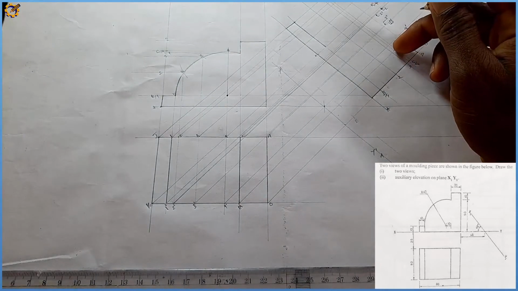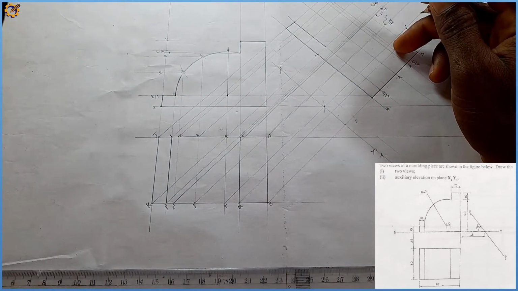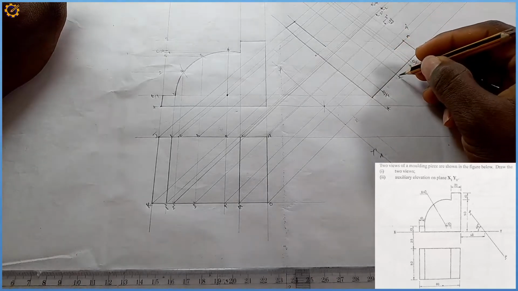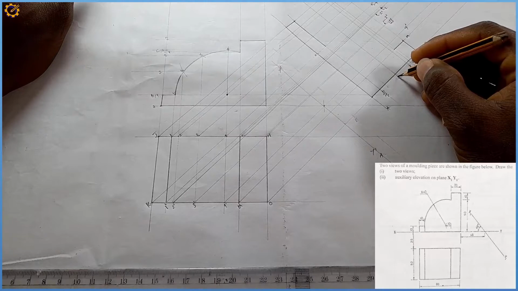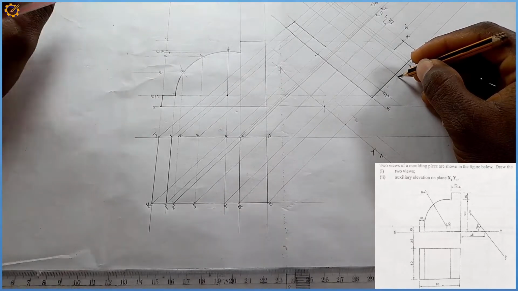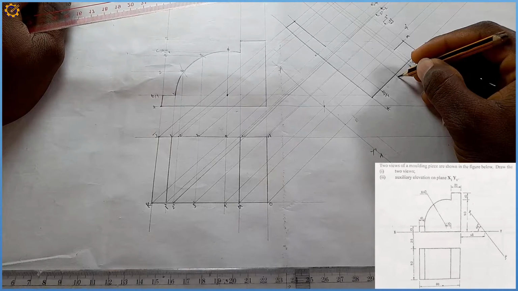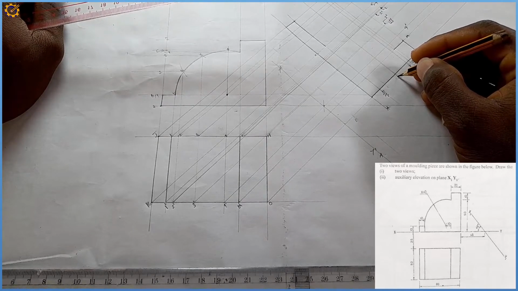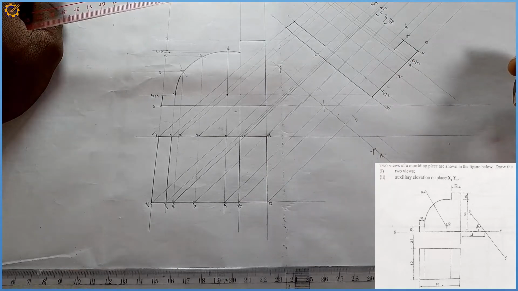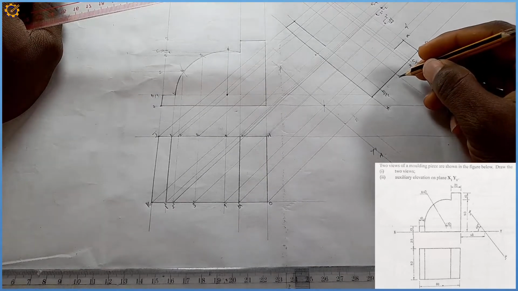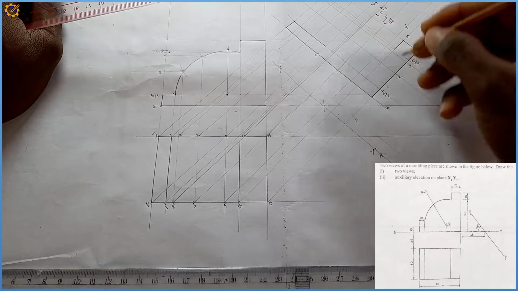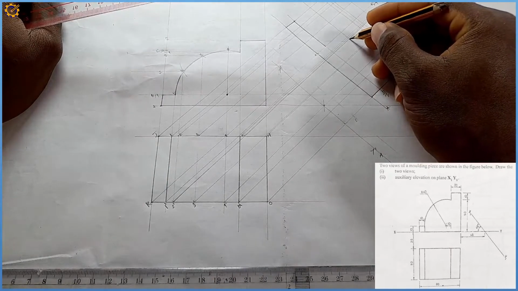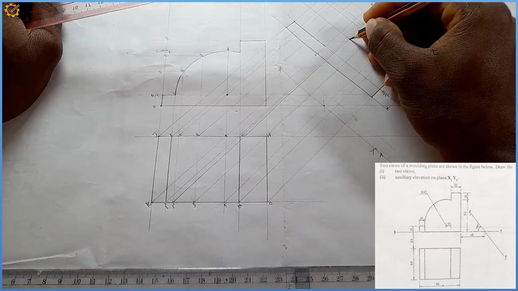Okay, since that one is terminating right there, I'm going to start joining. We say these are mark 2, 2 to 2 complement. This is my mark 2 right here, so my 2 complement intersects my mark 2 right here.